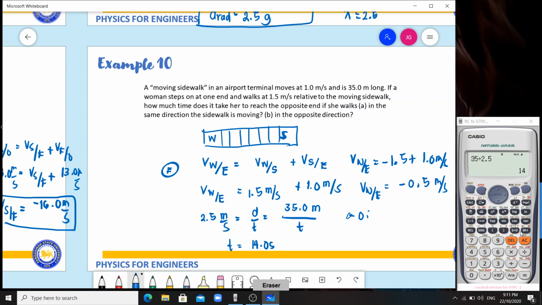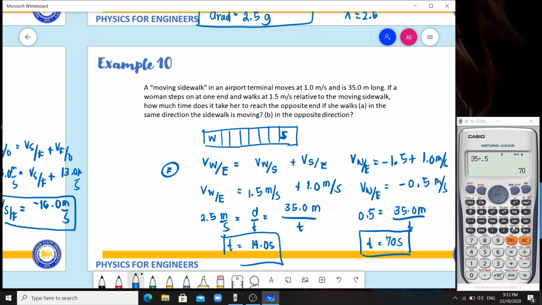Ang ibig sabihin lang ng sign is from the opposite direction siya or going to the left. So, distance is 35.0 meters and the time is 35 divided by 0.5. 70 seconds siyang maglalakad bago siya makarating sa kabilang dulo.